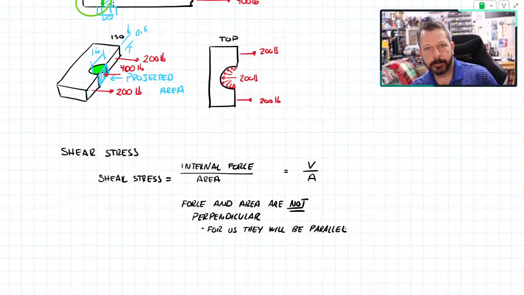So if you ever draw a free body diagram and the force that you're looking at is actually parallel to the surface that it's acting on, now you know you've got a shear stress.